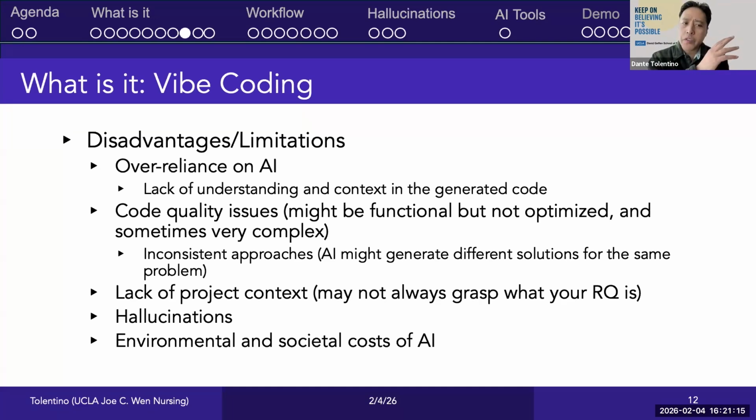And then, of course, there are other issues when you're using generative AI in general: environmental and societal costs. We all know that there is high energy consumption, water usage, and e-waste generation when you're using Gen AI. You've probably heard that ChatGPT is 10 times as energy intensive as a Google search.